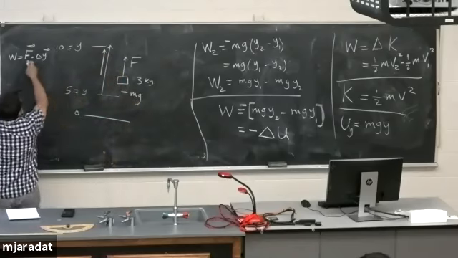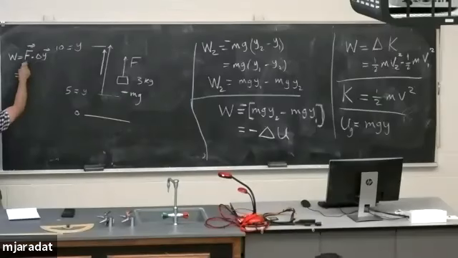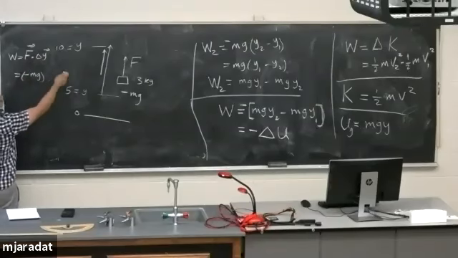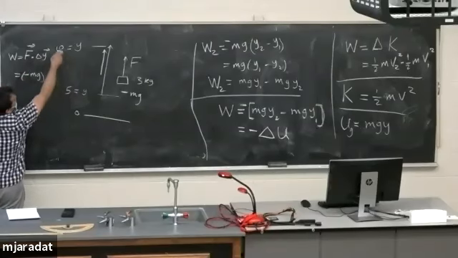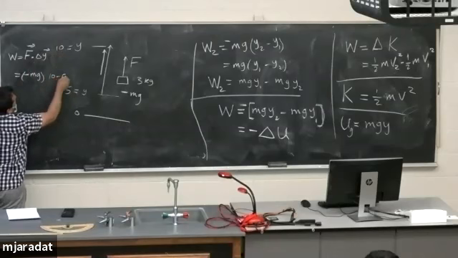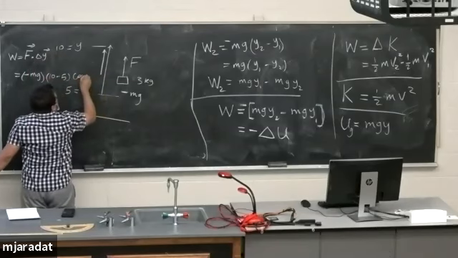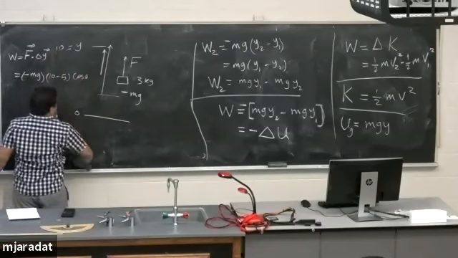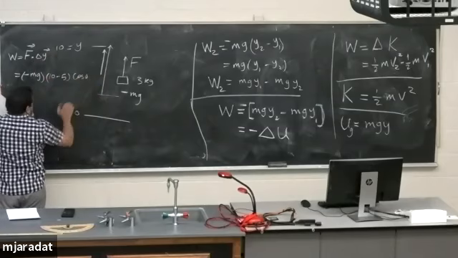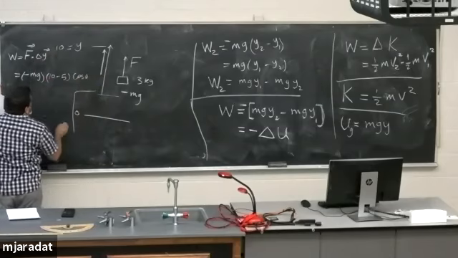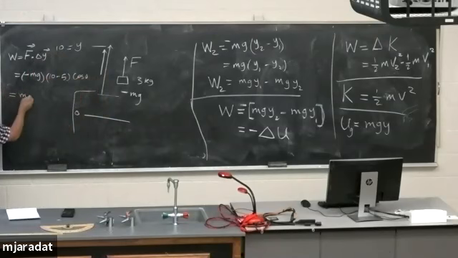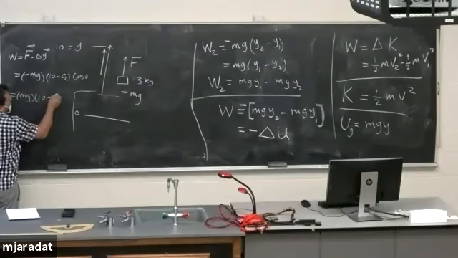You can use F applied as negative mg, delta y as 10 minus 5, and cosine 0. Or you can use, as I solved it in the example, mg, the applied force, 10 minus 5, cosine 180.